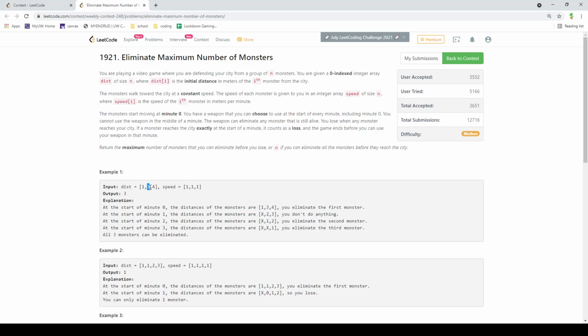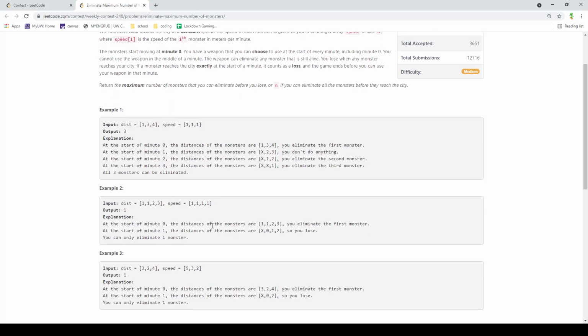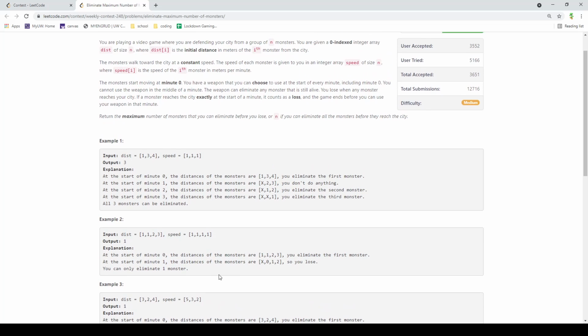Index 1 means that there's a monster 3 meters away and it moves at 1 meter per second, and so on. And every second you can kill a monster. Basically you have to output the number of monsters you can kill. And if a monster reaches your city, then you lose. Basically that means their distance equals 0.